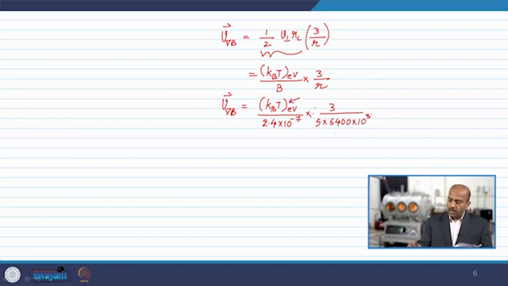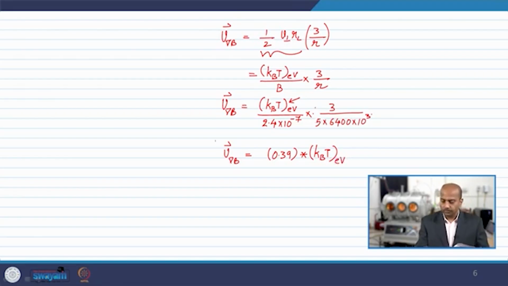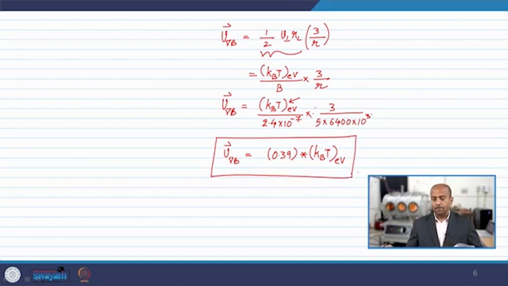So the remaining factors can be simplified as V del B equal to 0.39 times kBT in electron volts. So this is the reduced form of the gradient drift velocity formula. It is the same.